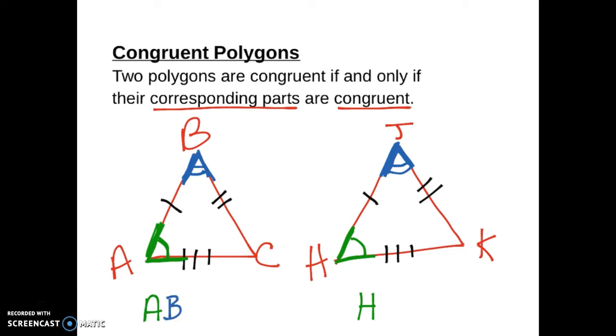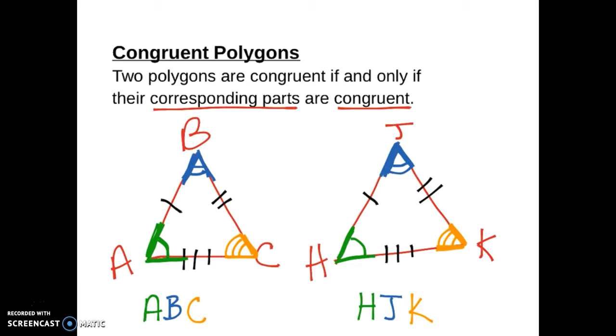So angle B and angle J are corresponding angles. And finally, angle C is made up of one side with two tick marks and one side with three tick marks. Okay. And angle K over here, one side is the side with two tick marks and one side is the side with three tick marks. Okay, so C and K are corresponding angles.